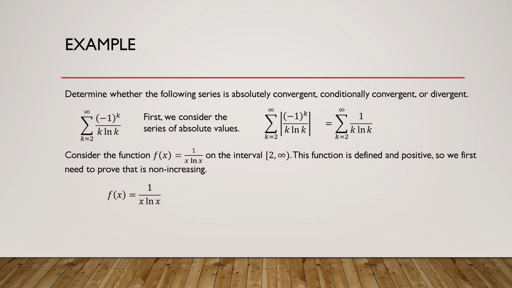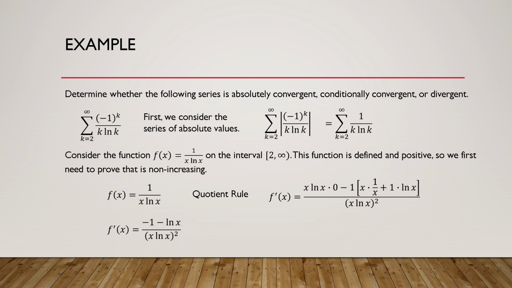Using the quotient rule, we get x times the natural log of x times 0 minus 1 times the quantity of x times 1 over x plus 1 times the natural log of x, all over x times the natural log of x quantity squared. This simplifies to negative 1 minus the natural log of x over x times the natural log of x quantity squared. Since this derivative is less than 0 for all x greater than 2, the function is decreasing.